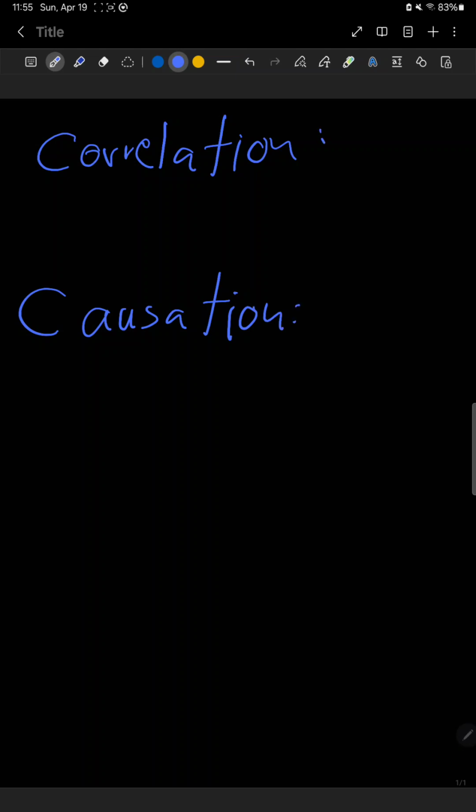Okay. So correlation is two things moving together. They're not caused by each other, but they're correlated to each other. For example, when the sun rises, people go to work. I could ask myself, can people go to work during the sunset? Yeah. So it's correlation.